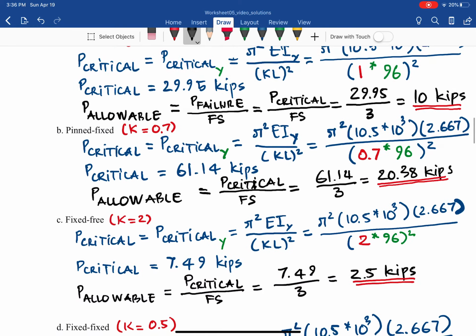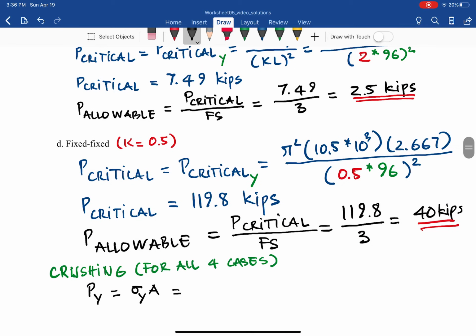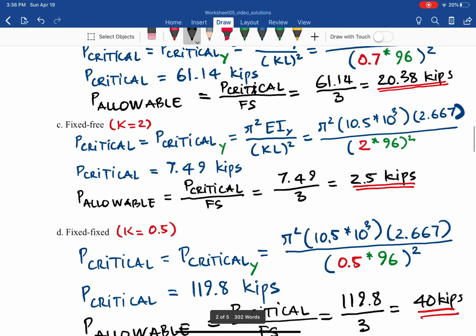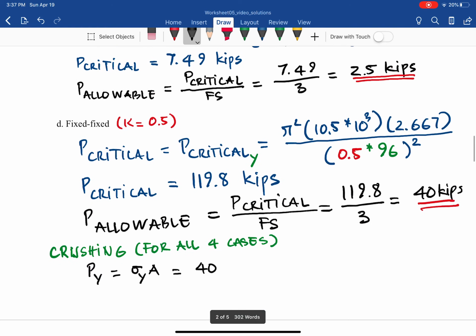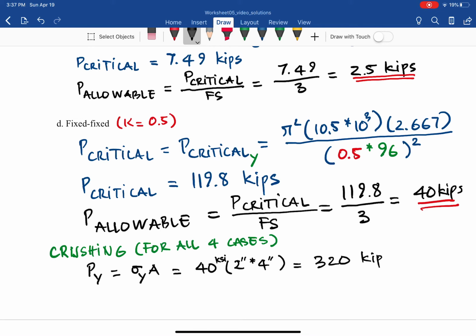So from that we can plug in here. It will be 40 ksi times the cross section, in that case 2 inches times 4 inches. From that we will get 320 kips, and that is the failure due to crushing.